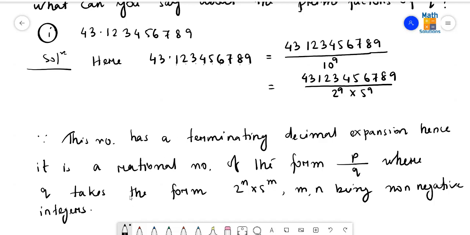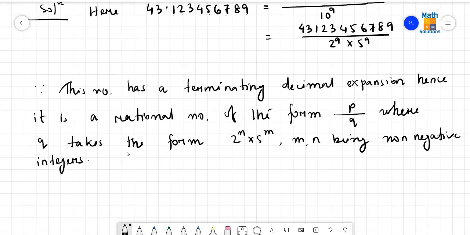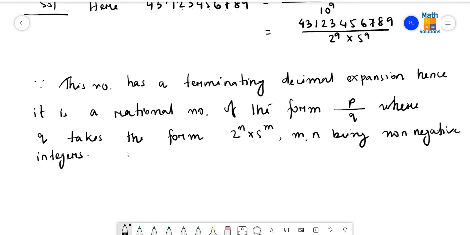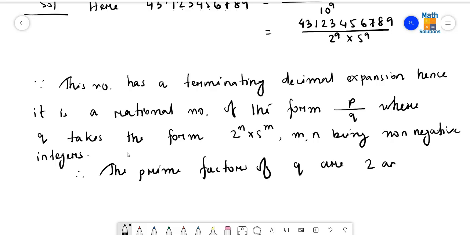So conclusion about the prime factors of q will be what? Hence the prime factors of q are 2 and 5 only. So this is the answer of this first question of number 3.